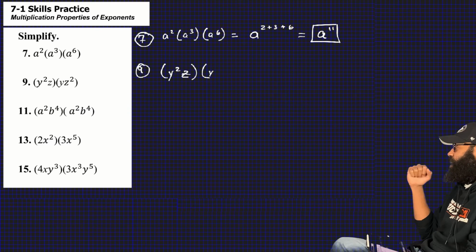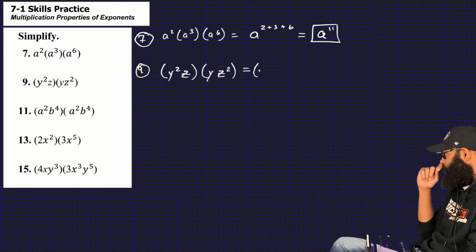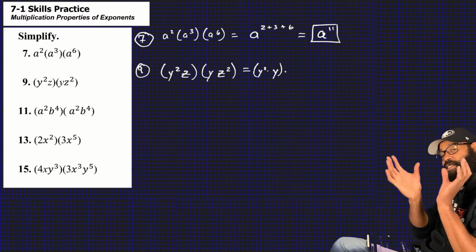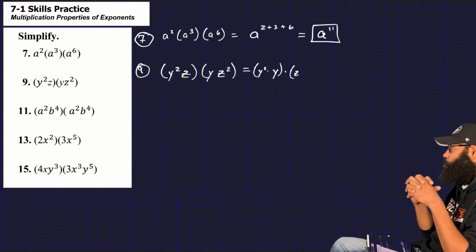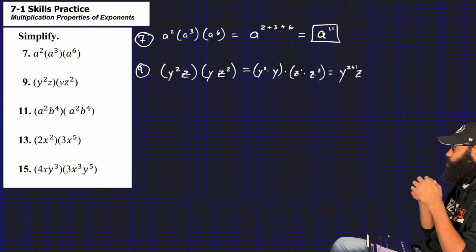There are 11 a's there. For the next one, I've got 2 different variables this time. The first term is y squared z, times the second term, y z squared. The only reason I say that is they have them in parentheses, but when you multiply, it's going to give you one single term. But let's keep it together. Meaning y squared times y, or in other words y to the power of 2 plus 1.